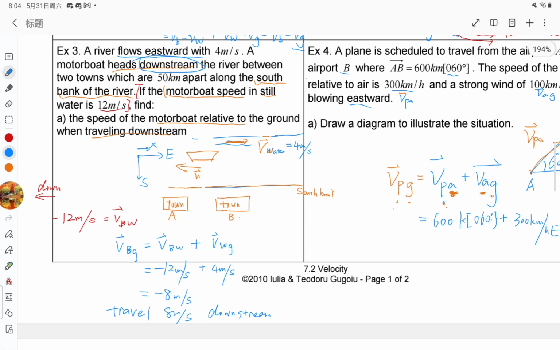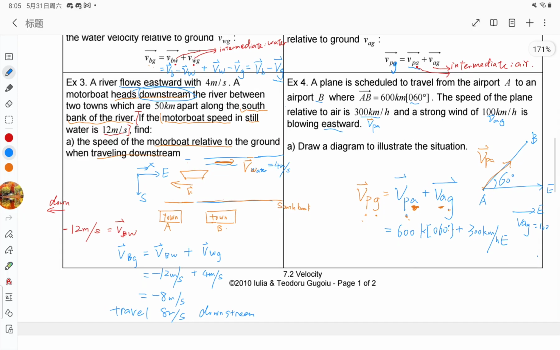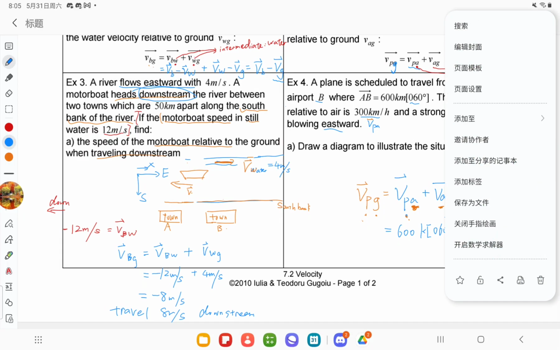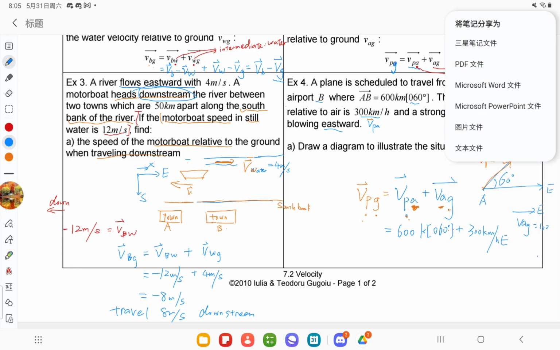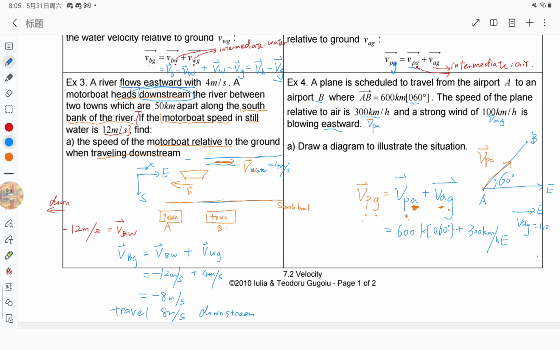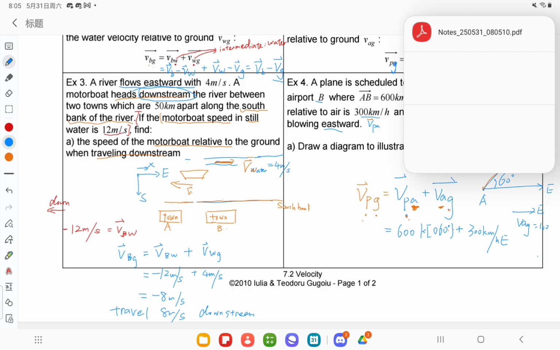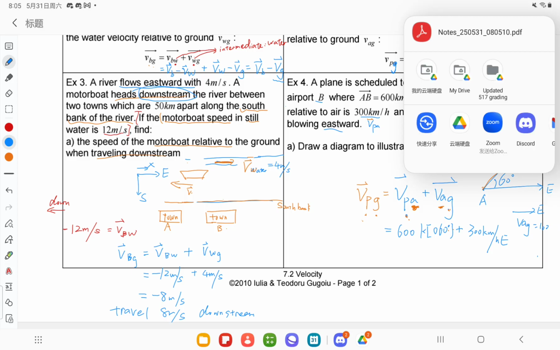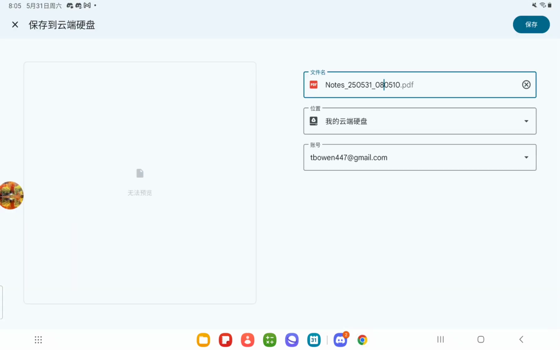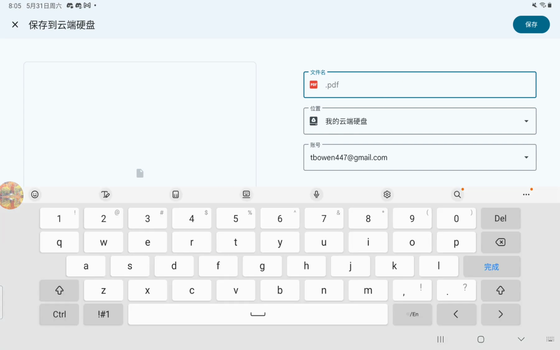Okay, so let's take a break, and I will upload this to Google Classroom so that you can take it as a reference, okay? Because the next question is on the next page, you couldn't see the description, okay? So I'll upload it now and then take a 5-minute break. Okay, let's see, 7.2.